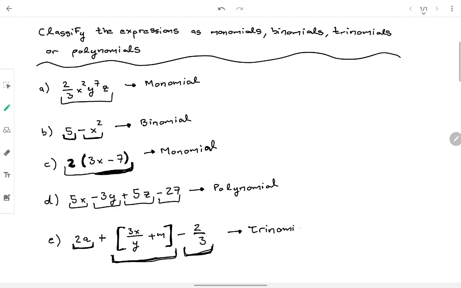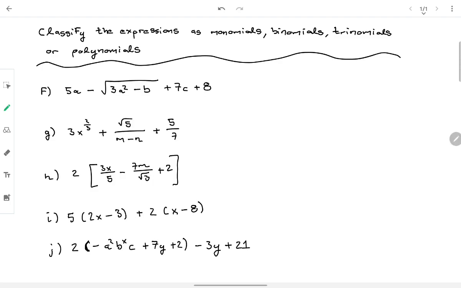I will do some other exercises to get a clearer idea of classifying expressions as monomials, binomials, and polynomials, but it's a very simple task when you have practiced a lot. So let's do these exercises.